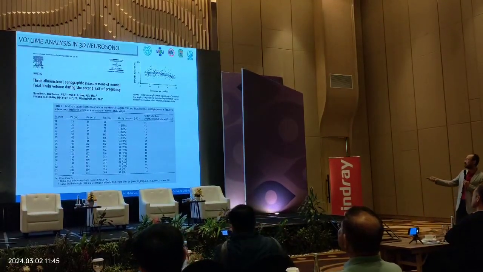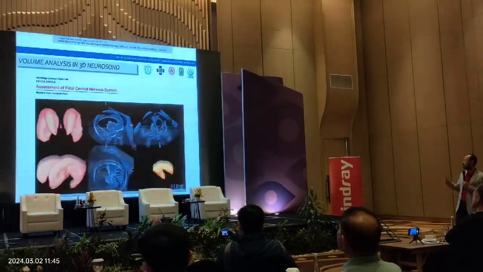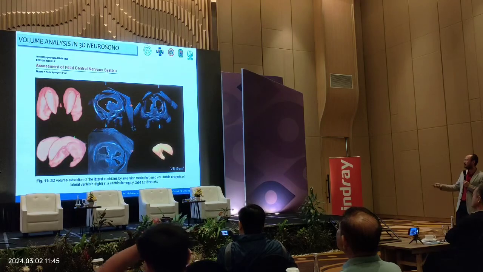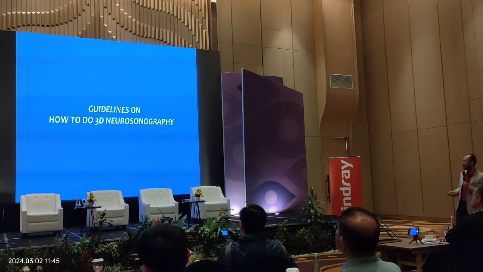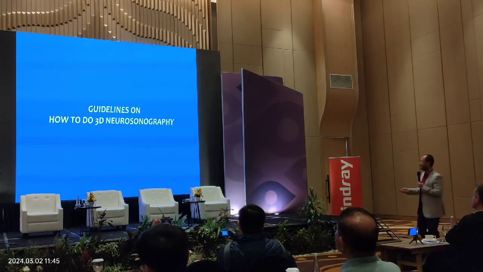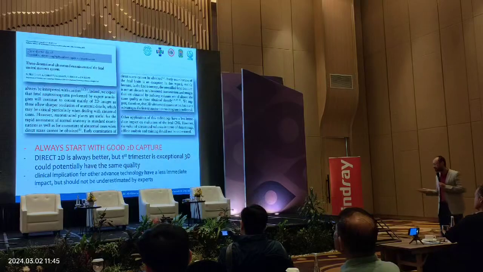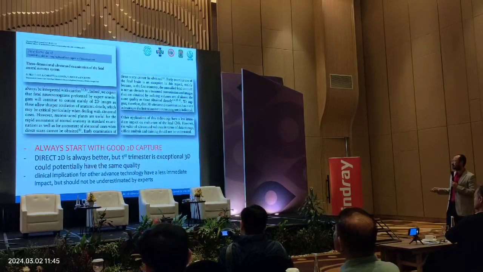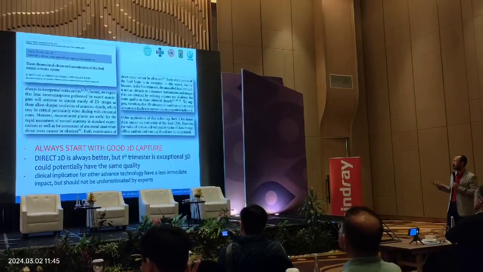This is a 3-dimensional sonographic measurement of the normal fetal brain. You can use this chart to interpret the measurement. We can also use volume for the ventricle. So the guideline, we should know the guideline. In 2007, Pilu and colleagues from the ISUOG made a guideline for 3-dimensional ultrasound examination of the fetal central nervous system.